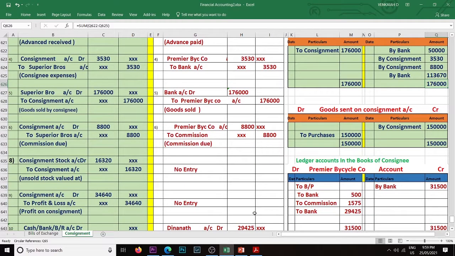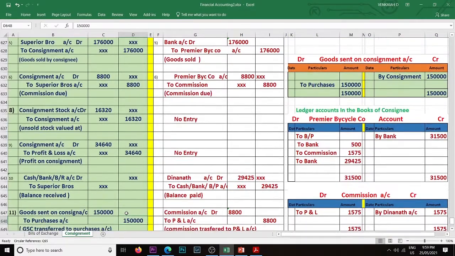Pass this entry in the books of consignor, receiving bank. Bank account debit to Superior Brothers, 1,13,670. 1,13,670. Right?